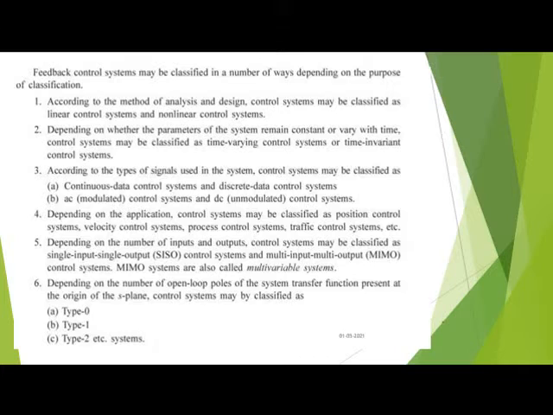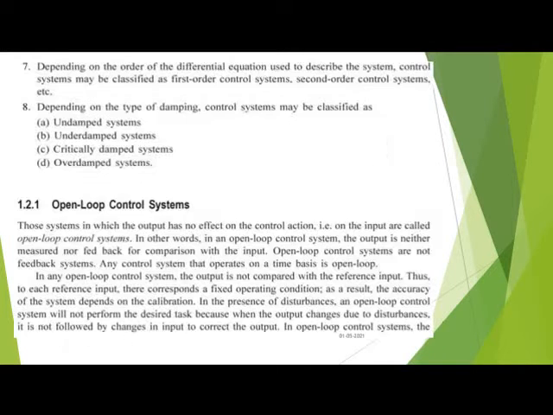Also, depending on the differential equation describing the control system, it may be classified as first order, second order, third order. And depending on the type of damping, control systems may be classified as undamped, underdamped, critically damped and overdamped. Okay, these are feedback control systems.